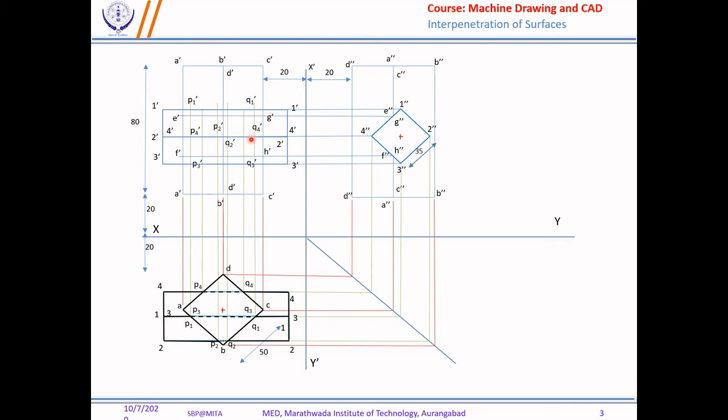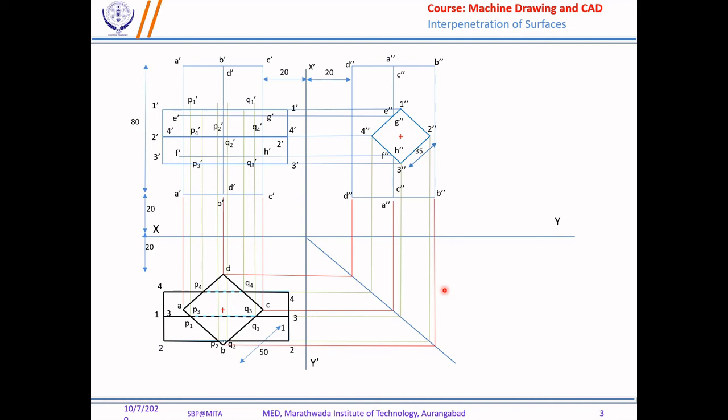These points need to be located correctly to get the correct intersection of the horizontal prism with the vertical prism, whose axes are 6 millimeters apart.